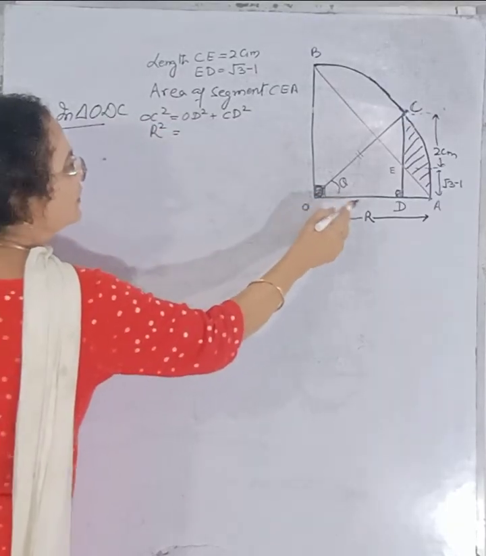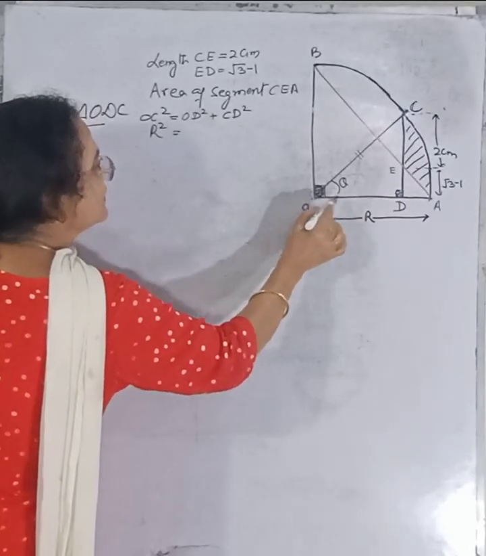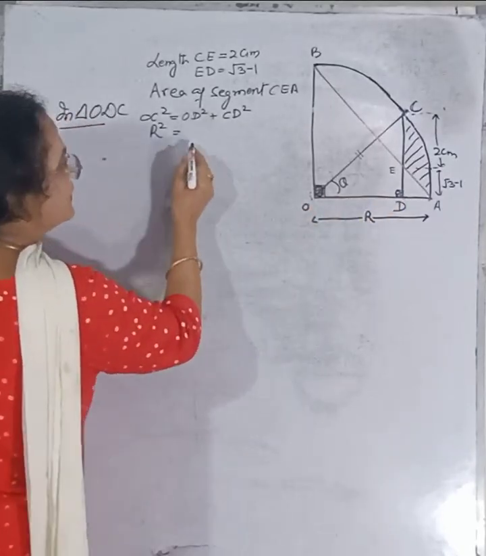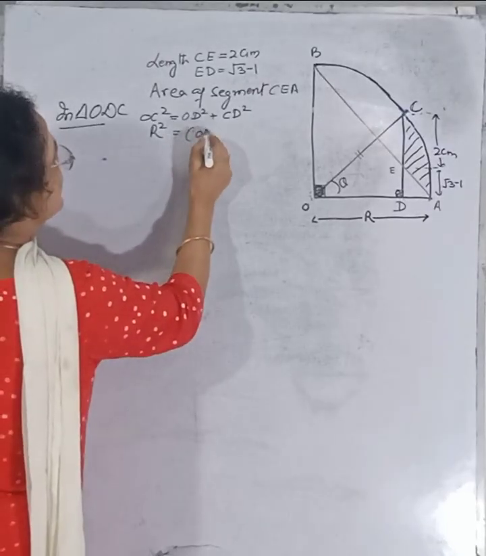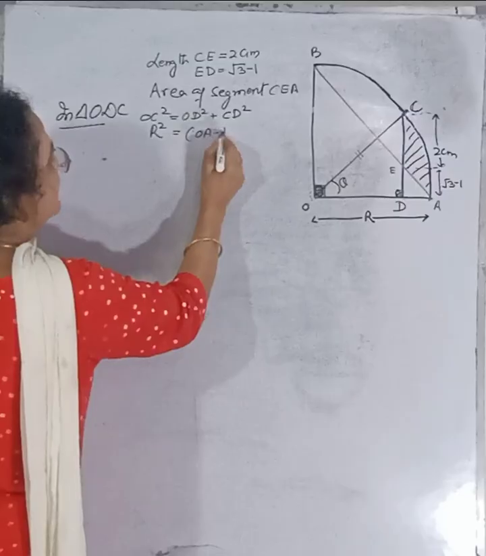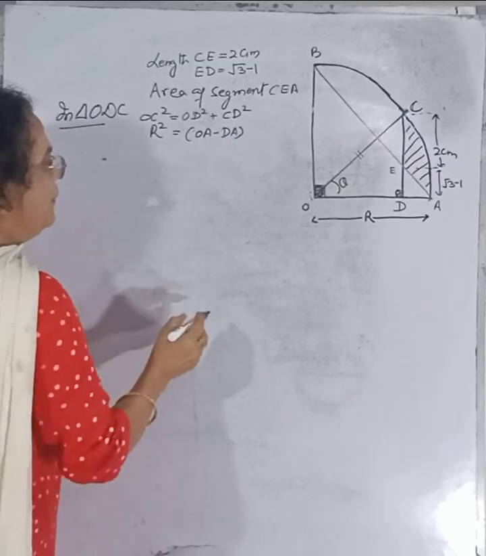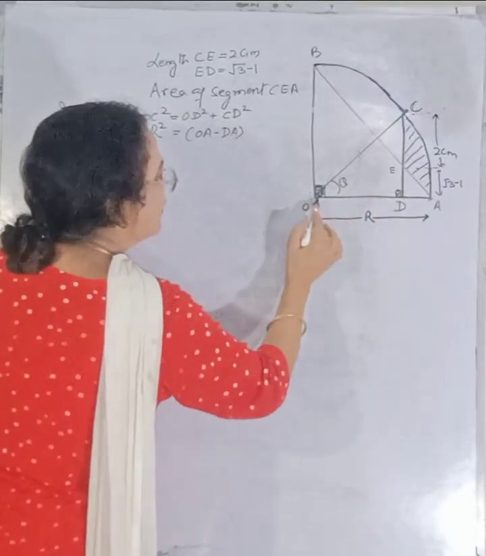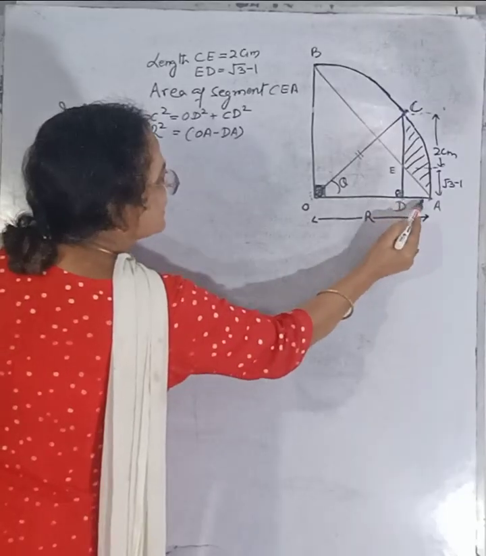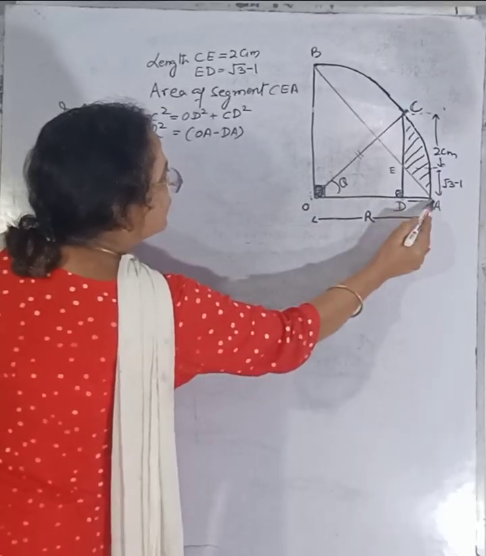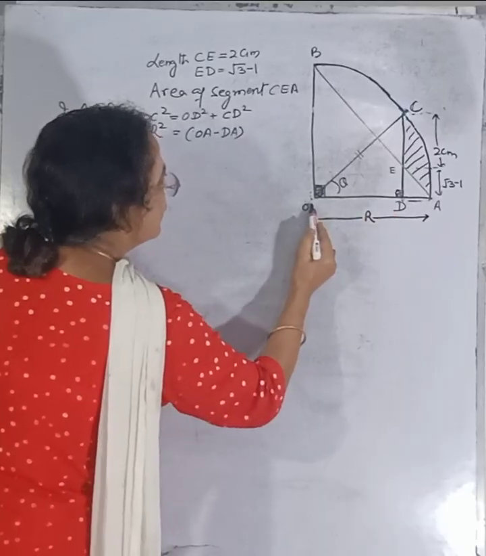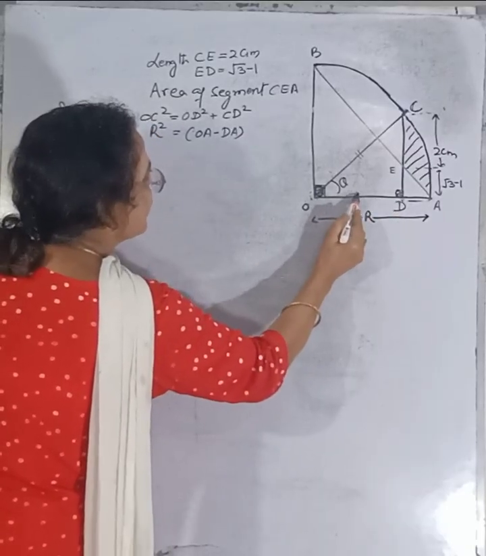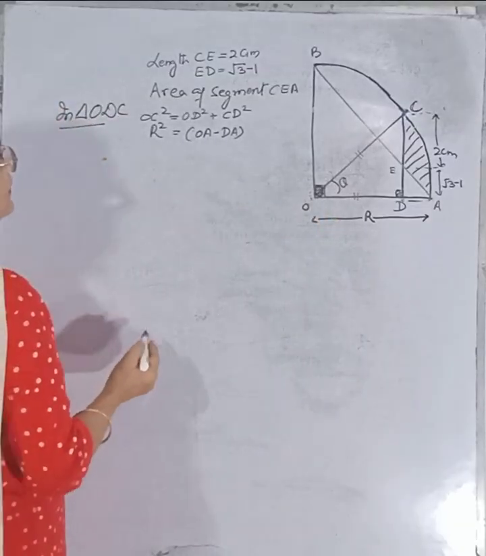OD is equal to OA minus DA. OA is the total radius, minus this portion, will give OD, which will be the base of this triangle.